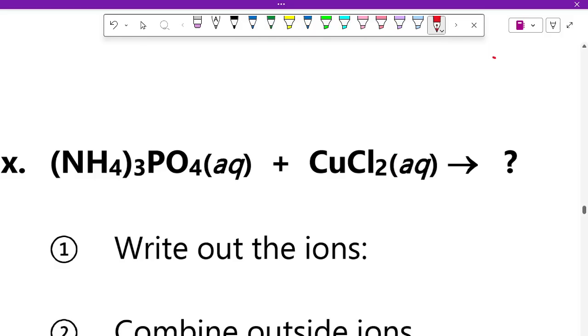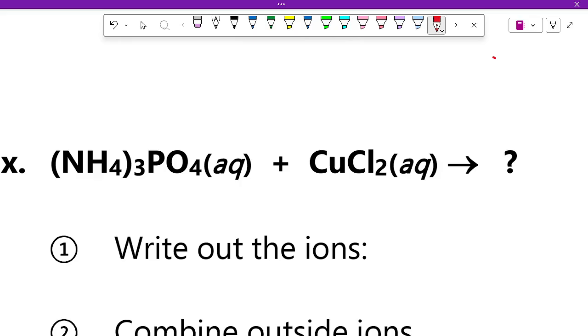So who are the products going to be? Who's one of the products? NH4Cl. And who's the other one? CuPO4.